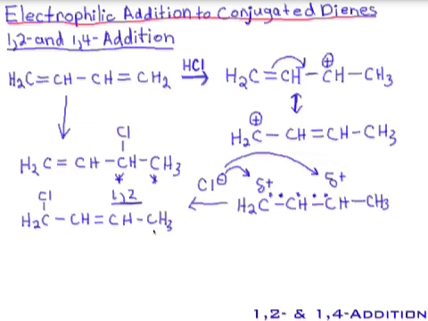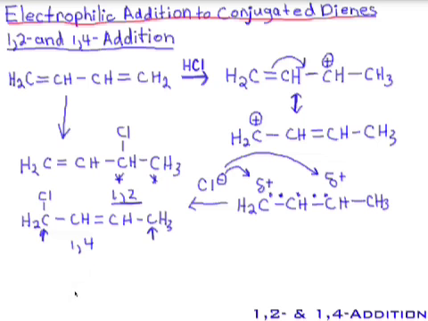And since the H+ added here and the chloride added here, this is referred to as 1,4 addition. So 2 products are obtained. They're formed from electrophilic addition that yields a resonance stabilized allylic carbocation that is then attacked by the nucleophilic portion of the molecule, in this case Cl-.